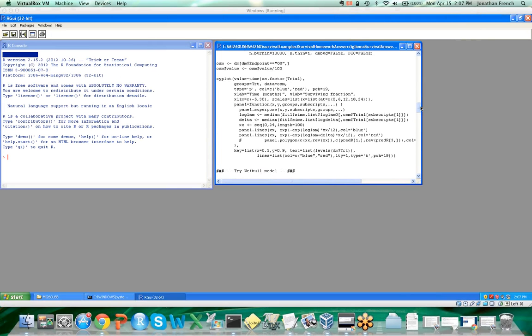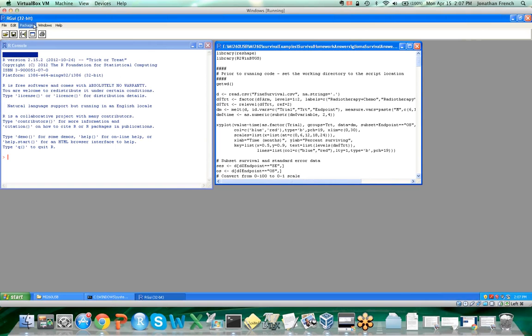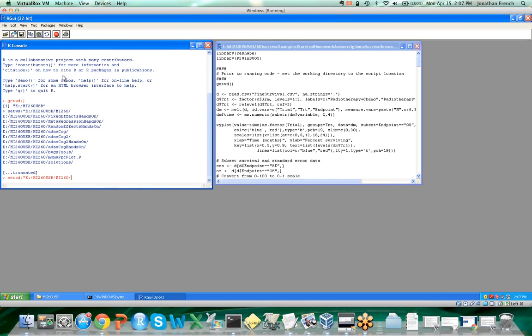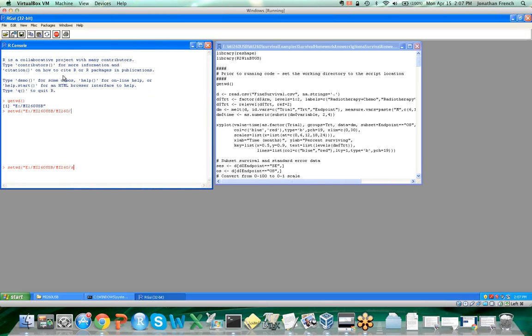So first, what I'll do is set my working directory here to the area where I have my data. And for me, that's on my E drive, MI260, survival examples.